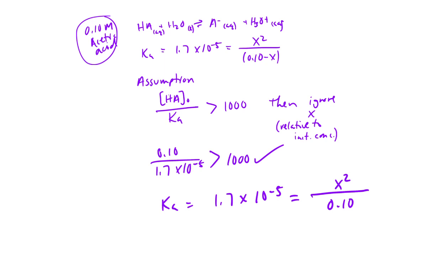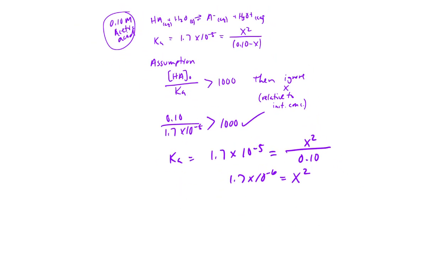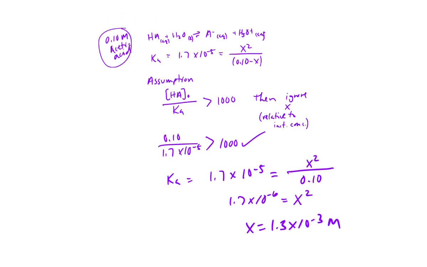Now this is an easier problem to solve. We have 1.7 times 10 to the minus 6 equals x squared, and we can take the square root of both sides and get our answer, which should be 1.3 times 10 to the minus 3. That's the same thing we got on the previous slide.